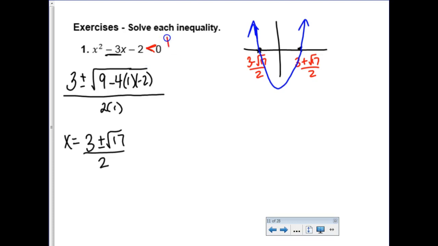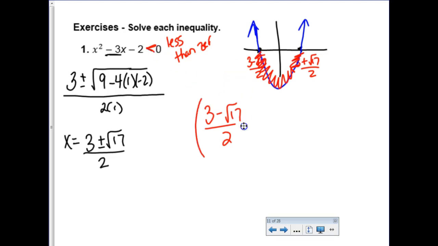Less than 0. So where is this polynomial negative? Well, it's negative right here. Can you write that for me in an interval, please? I covered up my answer, but where does it start? 3 minus square root of 17 over 2 with a bracket or parenthesis? Parenthesis, because it doesn't say equal to 0. Very good. And then it stops being negative when it hits 3 plus square root of 17 over 2. Oh, lovely.